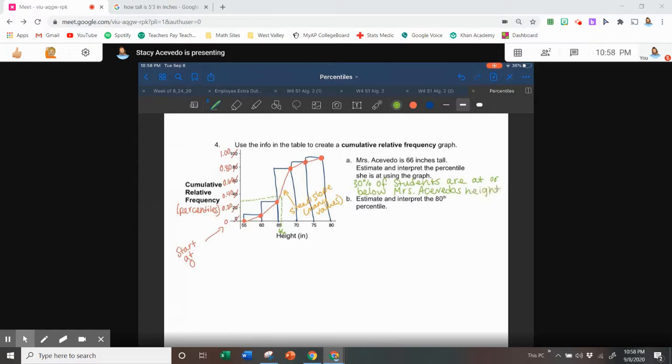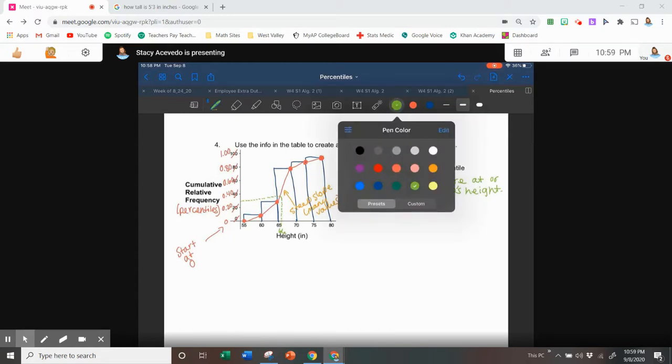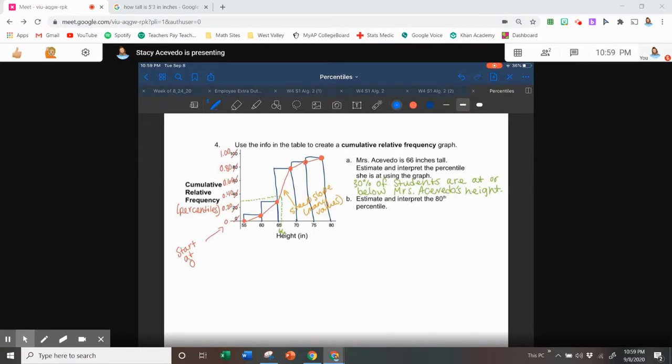Not too bad. What about part B? Estimate and interpret the 80th percentile. That's just reading the graph backwards. Let me get another color. If I'm looking at the 80th percentile, keep in mind here are percentiles. I'm going to take 80 and roughly follow it all the way, it looks like, to 70.